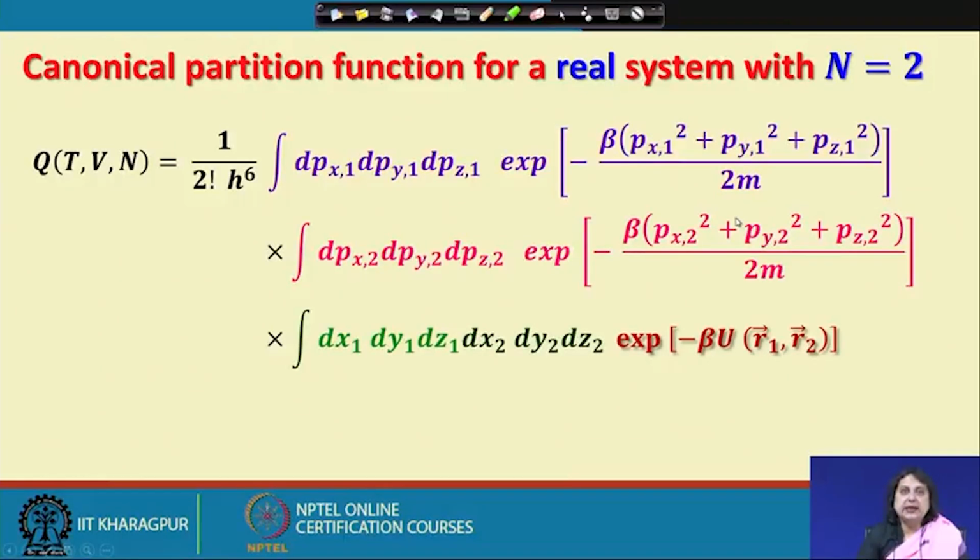In that case, as we have seen before, we can explicitly write out the 6 times 2, that is 12 dimensional, integral form of the canonical partition function.